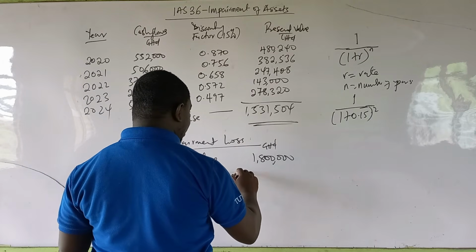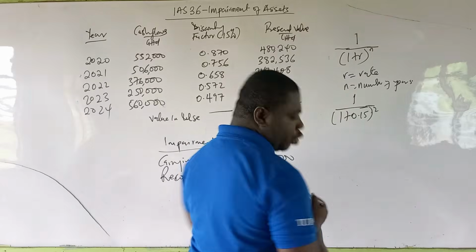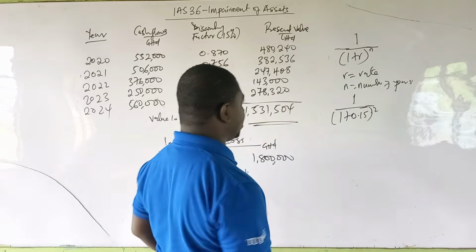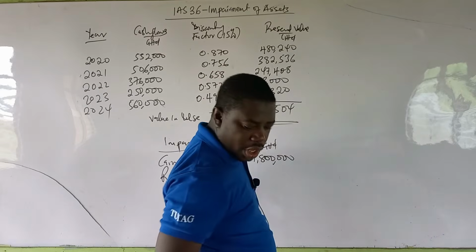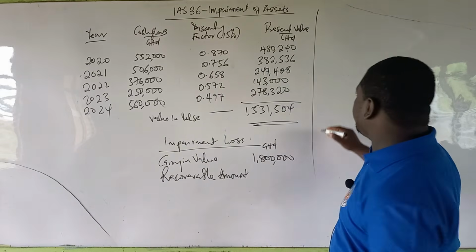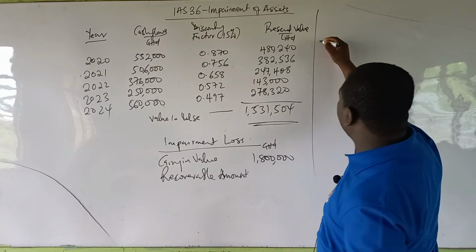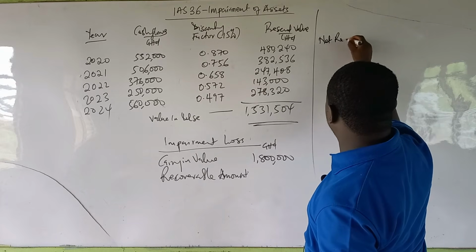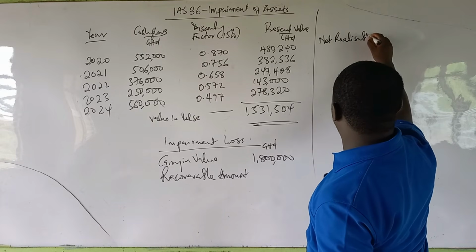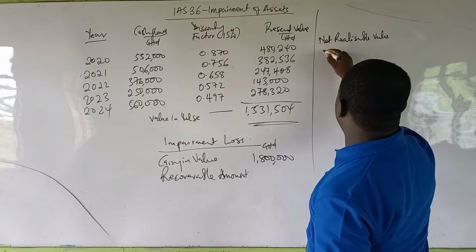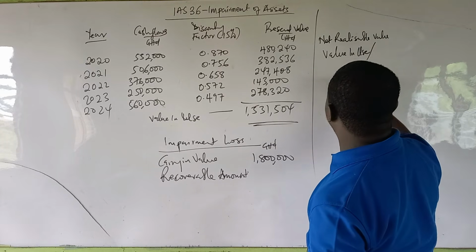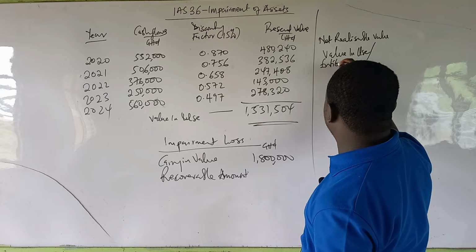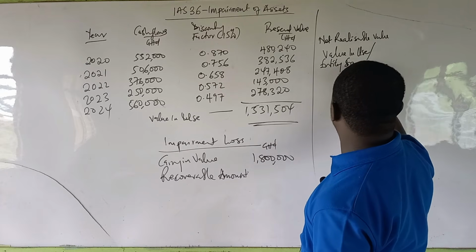Now, how are we going to find the recoverable amount? We are told that the recoverable amount is the higher of your net realizable value and your value in use. Your value in use is also called the entity specific value, in case you want to know.